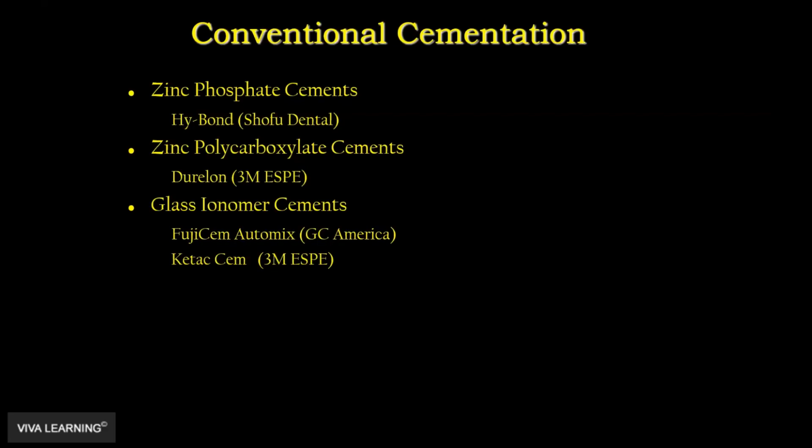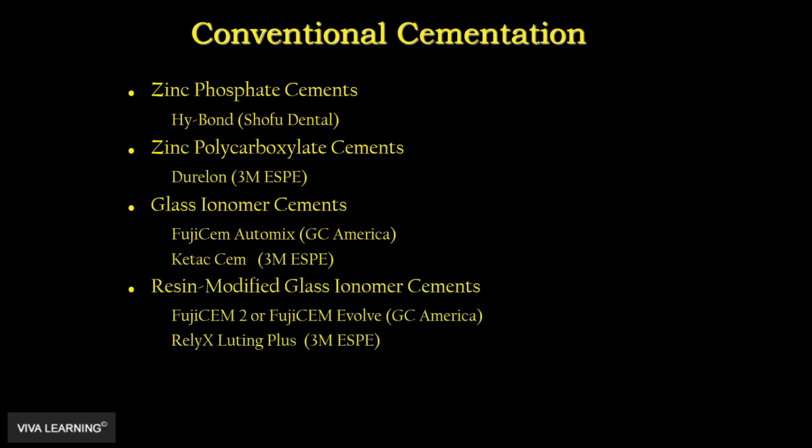It's just that they have been strengthened and improved by incorporating resin. So that's the new category of glass ionomers called resin modified glass ionomers, which gives you the benefits of resin cements and the benefits of glass ionomer cements combined into one cement. And these are some really good products that have been out for a while now.